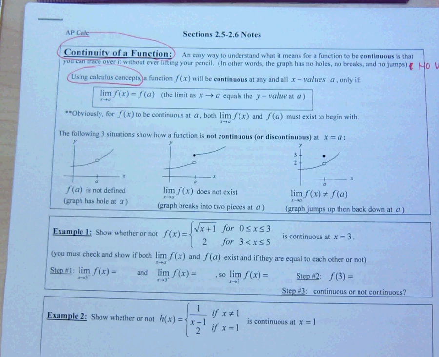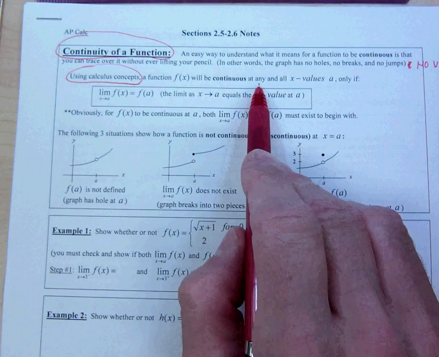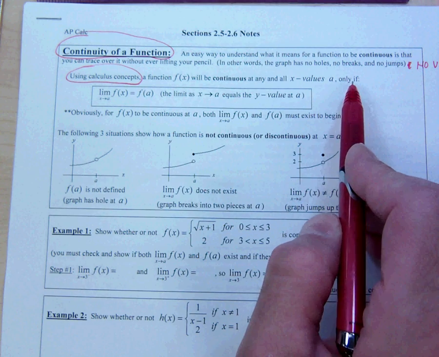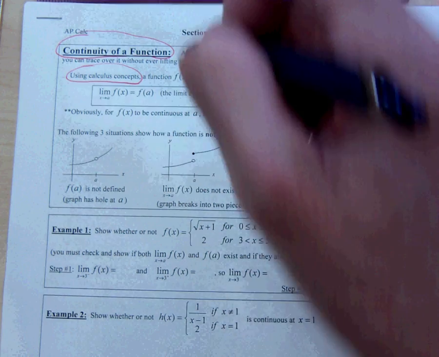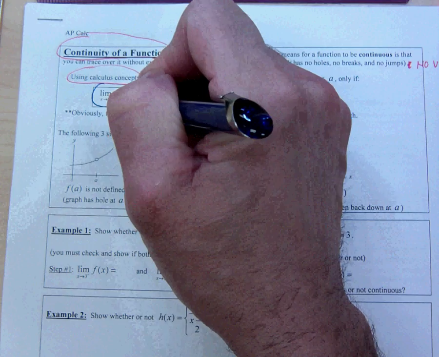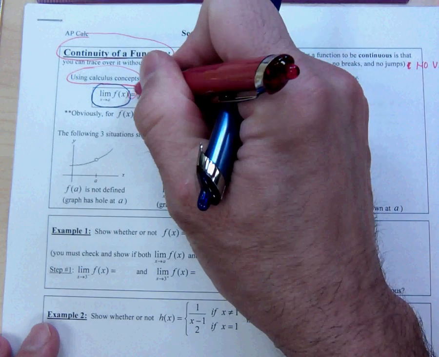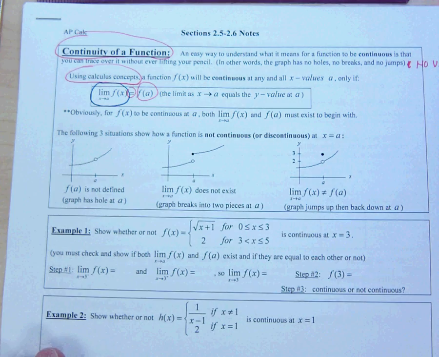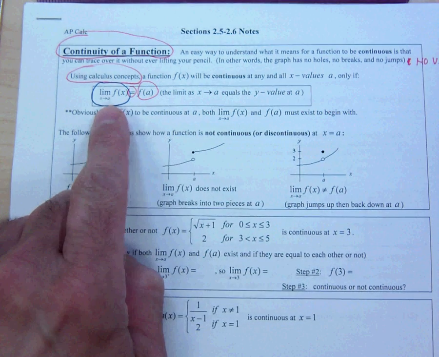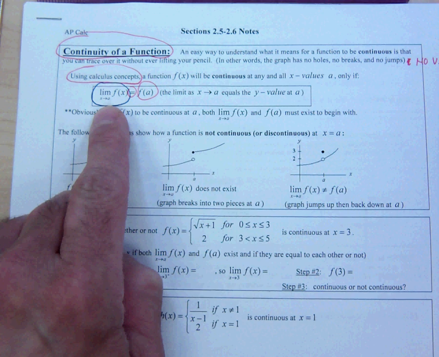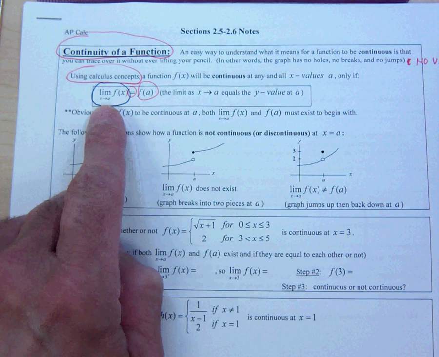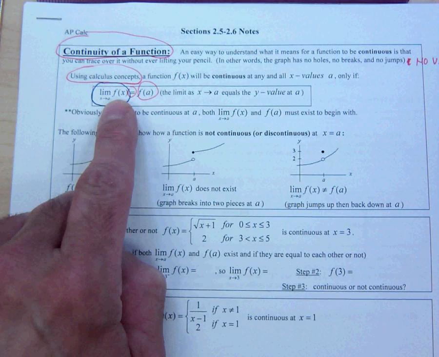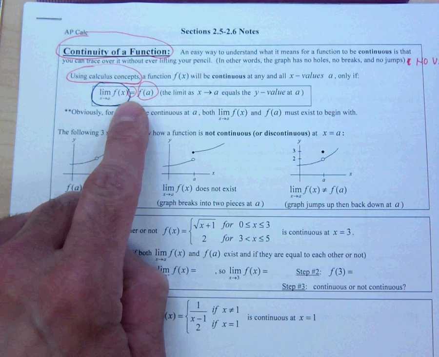A function will be continuous at any and all x values a only if, listen closely, this limit equals f of a. Now what do I mean by that? First of all, notice this is a two-sided limit. In other words, as you approach a from both the left and the right, the y values have to be approaching what?